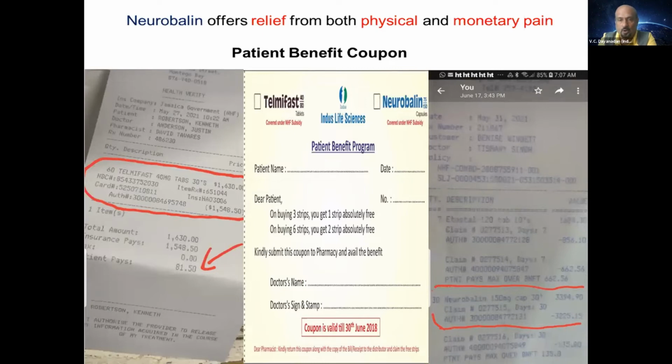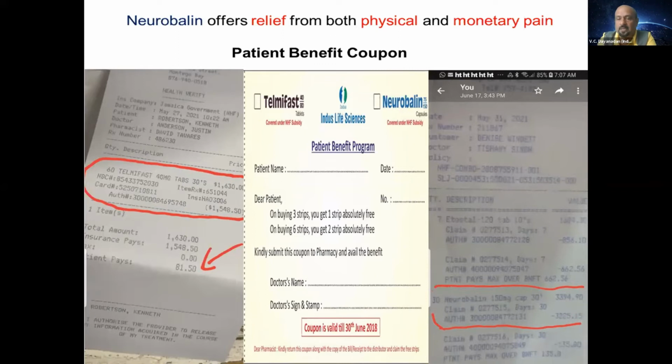And this was not long ago, just in the month of May 2021. And the NHF subsidy was $3,225.15. So you will now definitely agree with me, the patient will be spending just $100 for the 150 milligram for 30 pills.